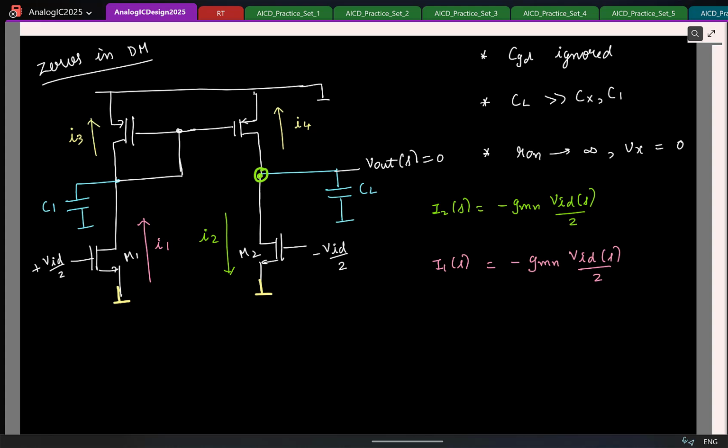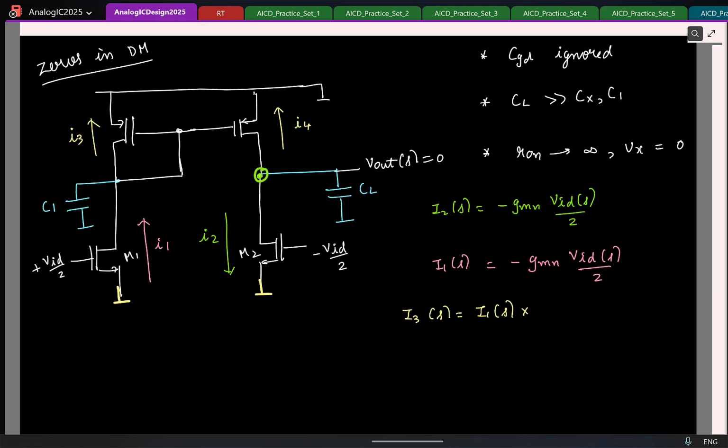How much of the current will flow here? How will you find it? Remember I have made this gate to drain connection, so this is acting like a resistor. So I have a current division between a capacitor and a resistor. So that is going to be my I3. So tell me what is I3 in terms of I1? What is the factor?